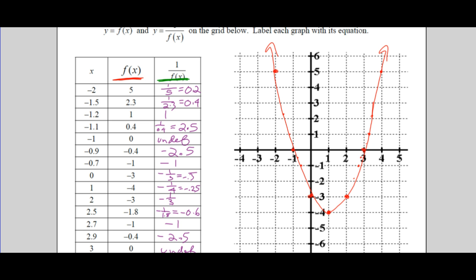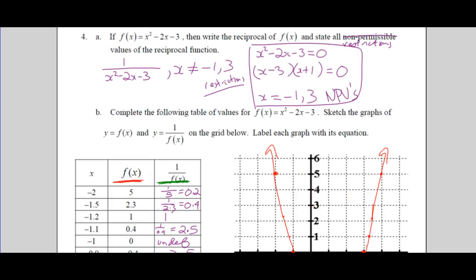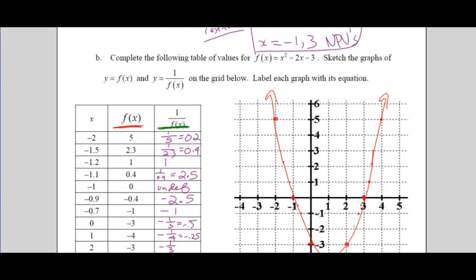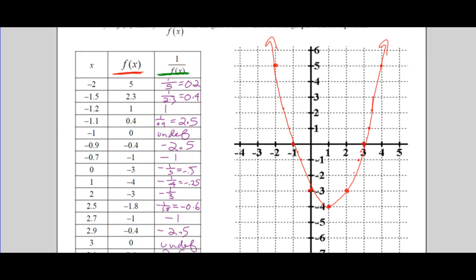It's continuous. I do have to worry when I'm graphing the green function here, because we have 2 places where it's undefined, which is where the original function is 0. The original function is 0 at negative 1 and 3. Those are our restrictions, and we know that our restrictions are going to be asymptotes.